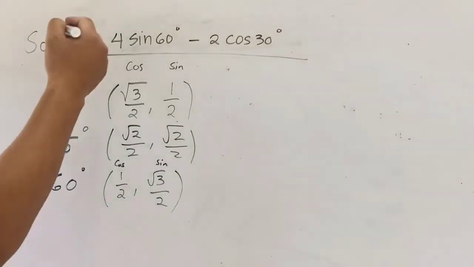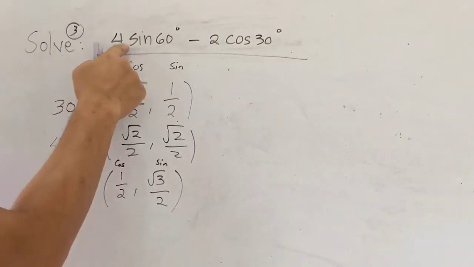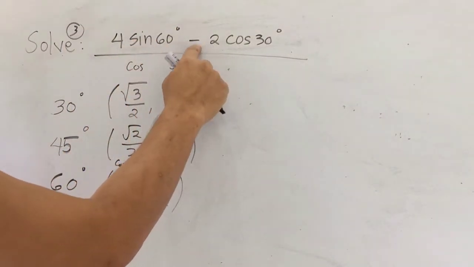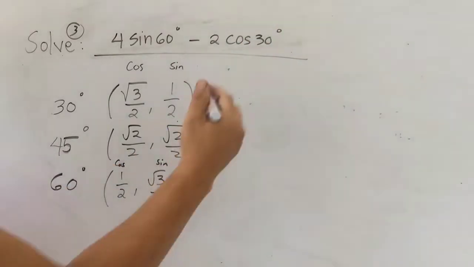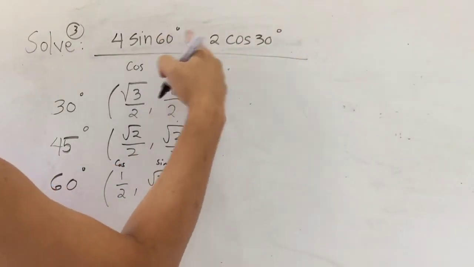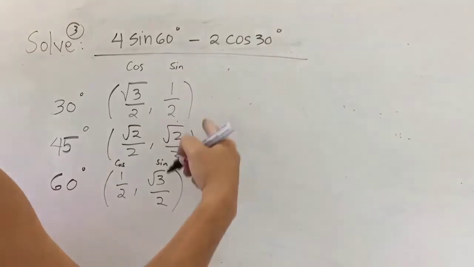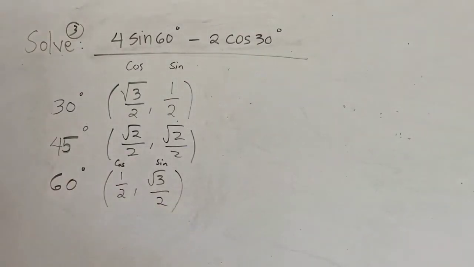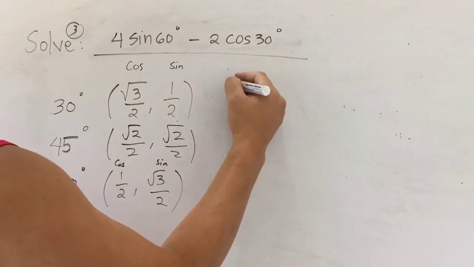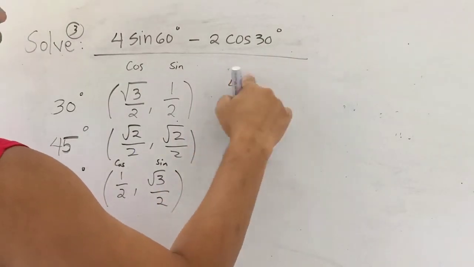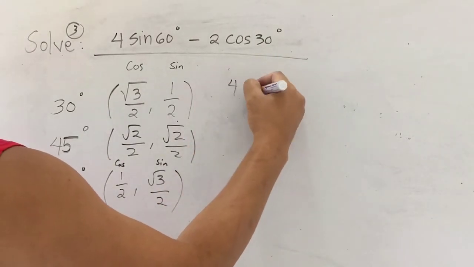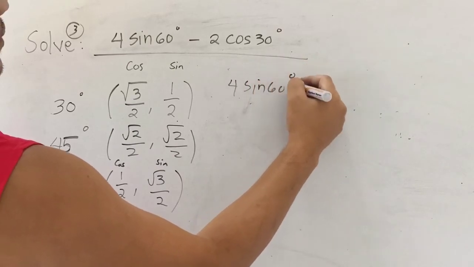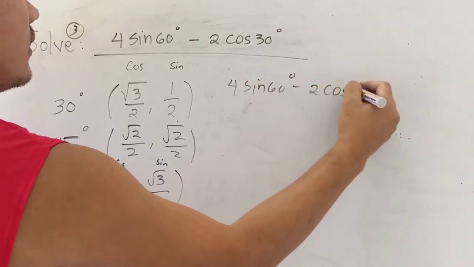How about given number 3? 4 sine 60 degrees minus 2 cosine 30 degrees. Ito yung ating given. Since wala naman tayong tangent at cotangent, wala tayong note na inilagay para sa quotient function. 4 sine 60 degrees minus 2 cosine 30 degrees.